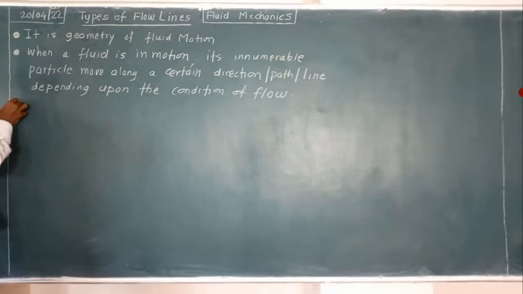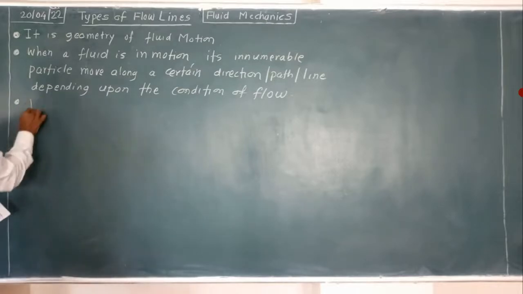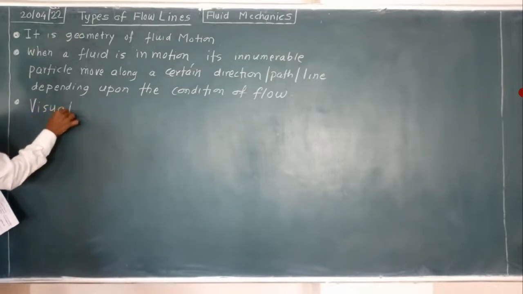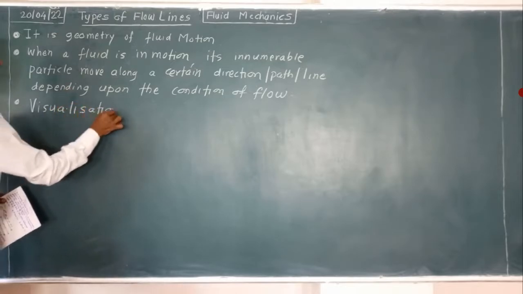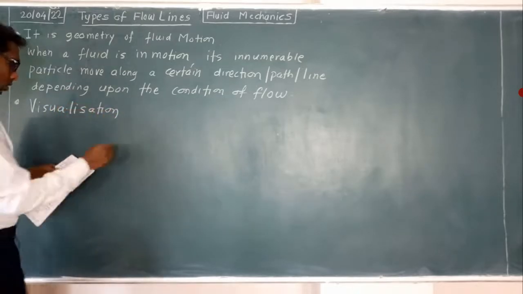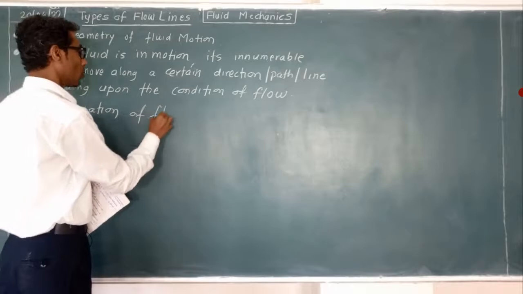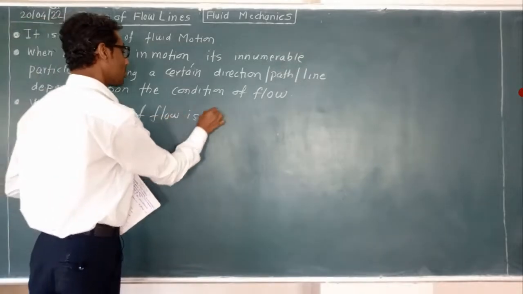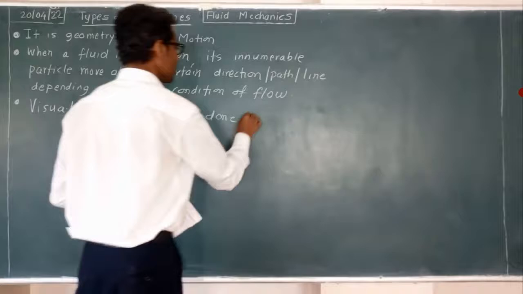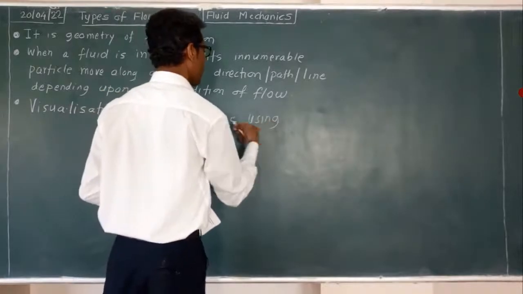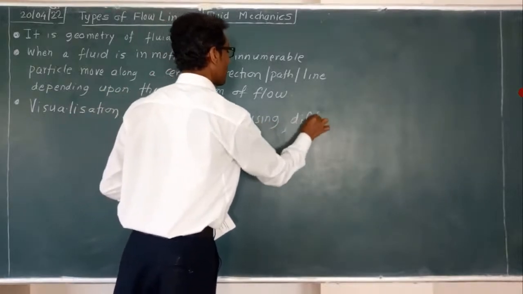So this is the first point, this is the second point, and the third point is the types of flow line: visualization. Visualization means to show, for better understanding, in picture form. Visualization of flow is done using different lines.